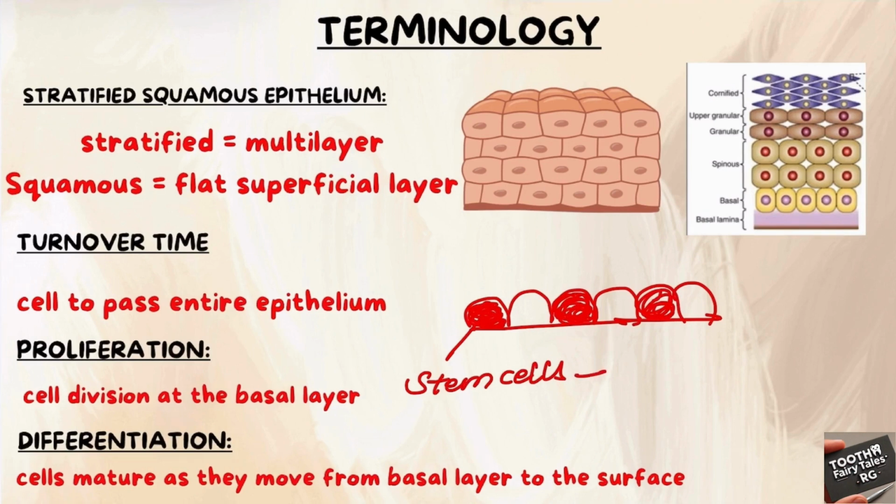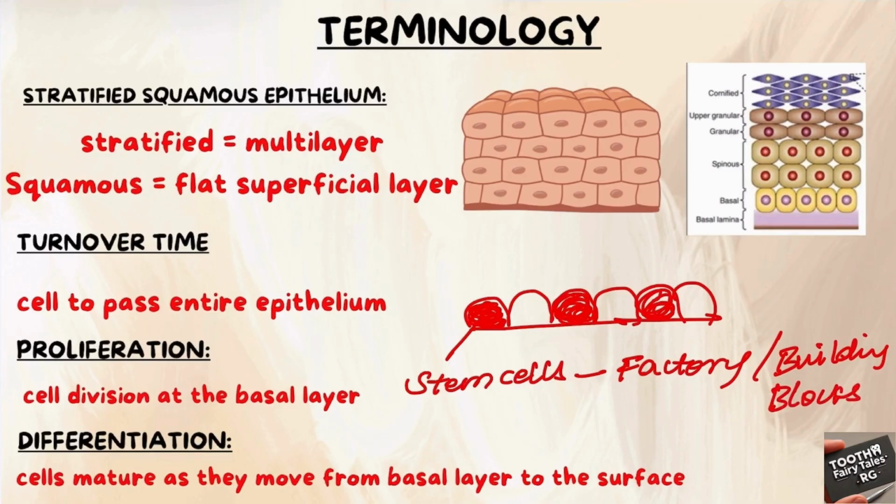These stem cells are like a factory to the tissue, or they are also called the building blocks of the tissue. They produce new cells by undergoing division. So as the new cells are produced, they push the older cells upward and closer to the surface.